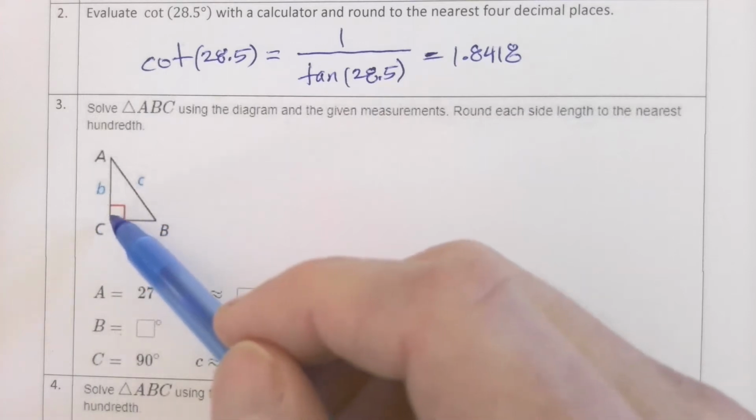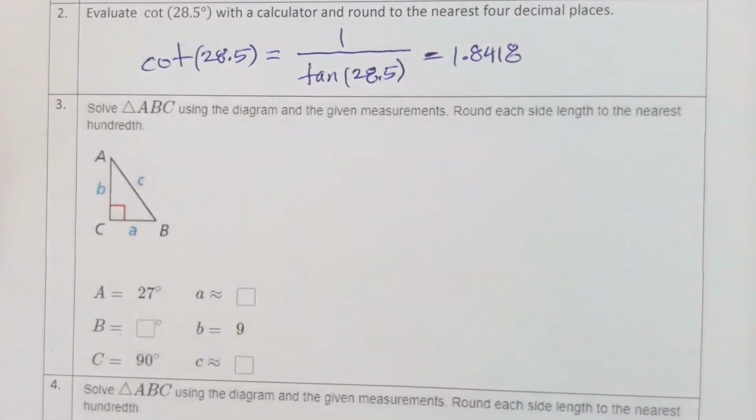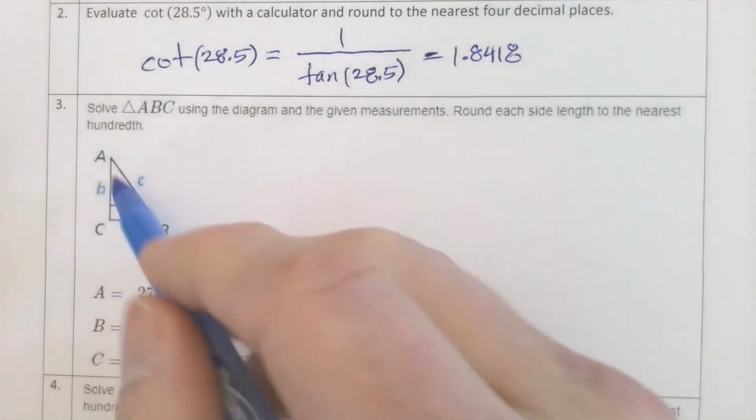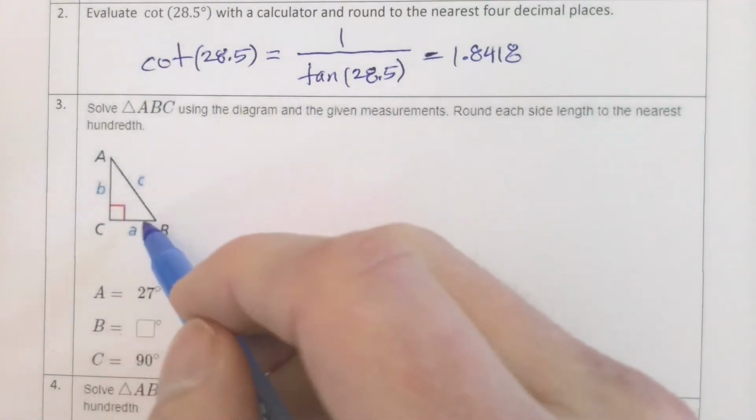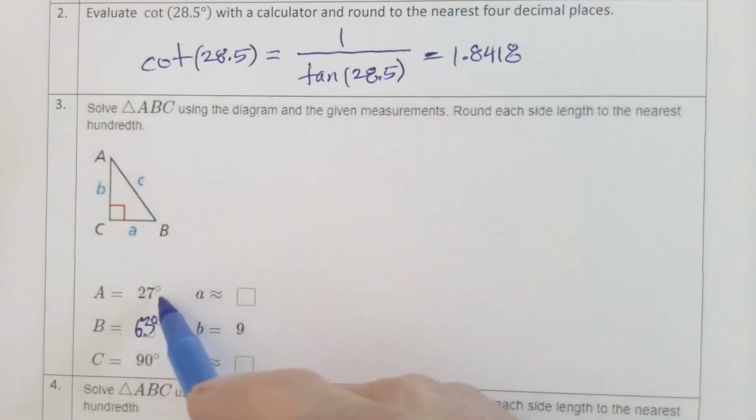So this 90 takes half of the 180 degrees we know has to be the total of the 3, and that means the other 2 have to add up to 90. They're complementary angles. So if A is 27, you need 63 degrees to get angle B. You might want to check that 27 plus 63 makes 90.